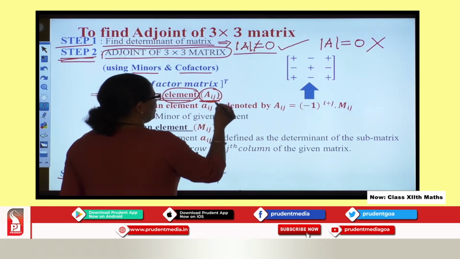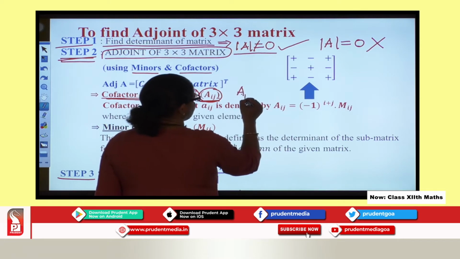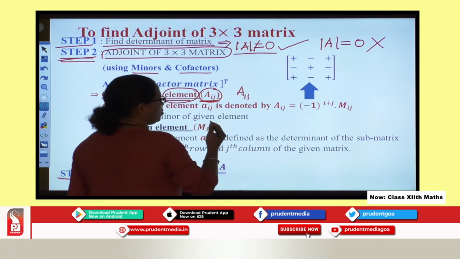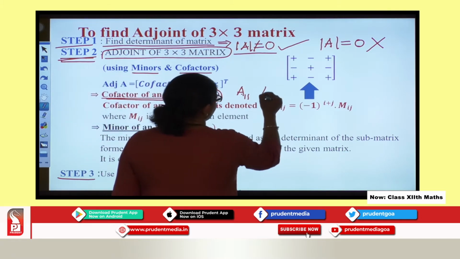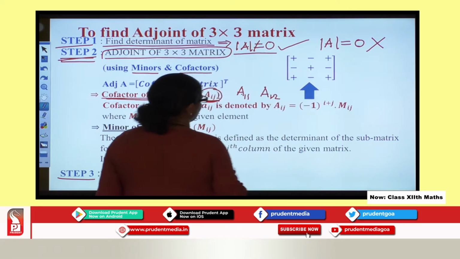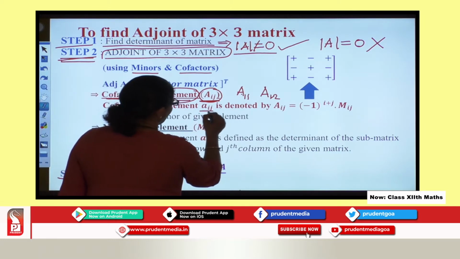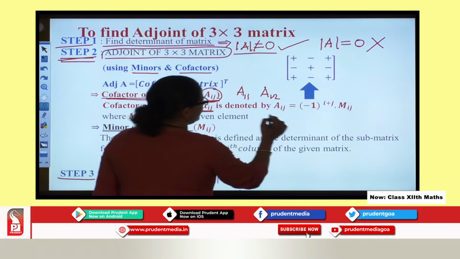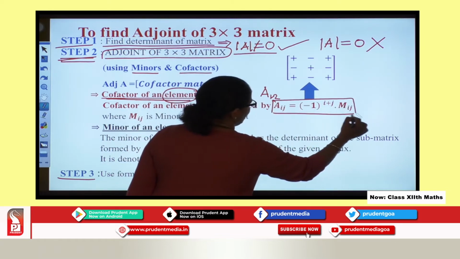If I talk about the first element, the cofactor is A11. If I talk about the cofactor of the second element, I say it is A12, and so on. So the cofactor of an element Aij is denoted like this.